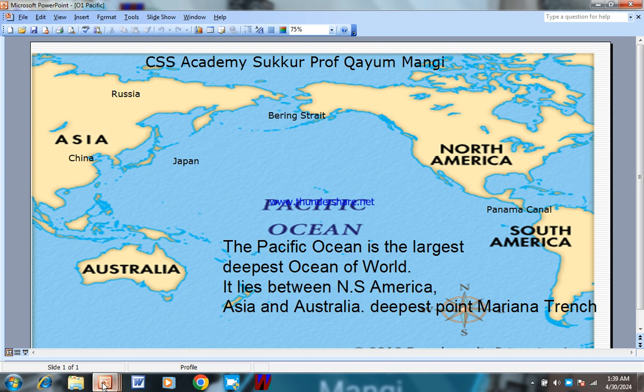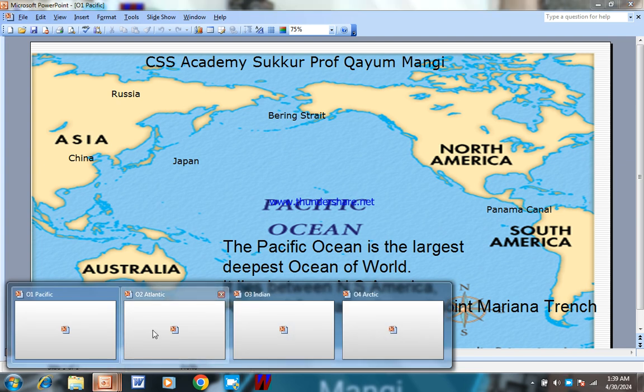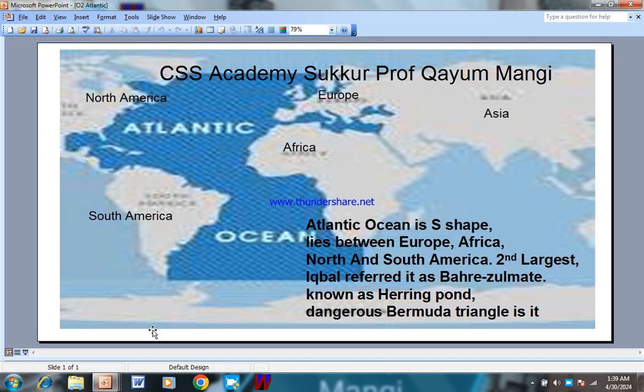Now we move to the second ocean of the world, that is the Atlantic Ocean. This is the Atlantic Ocean. It is S-shaped. And the Atlantic Ocean lies between North America and South America.